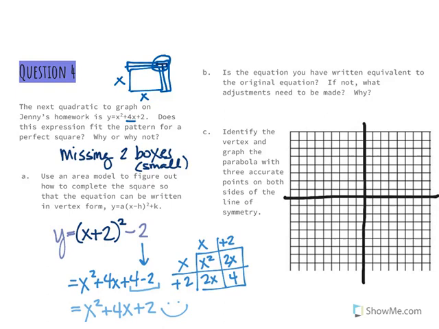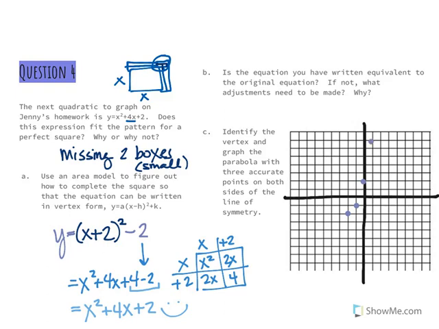So identify the vertex and graph the parabola. If I'm going to identify my vertex here, my vertex would be -2, -2. And then I would graph it by going over 1 up 1, over 2 up 4, and over 3 up 9.